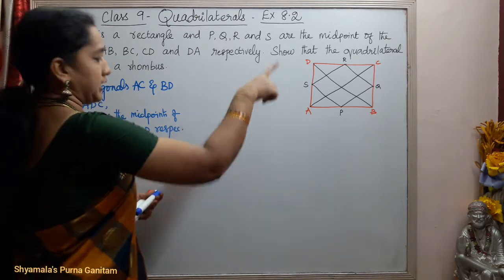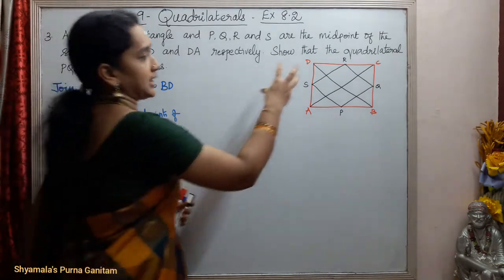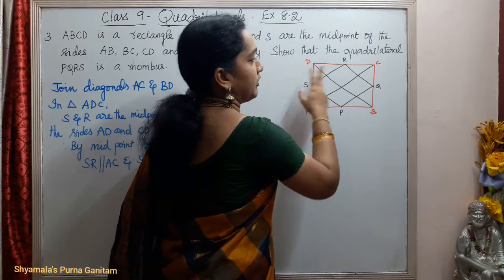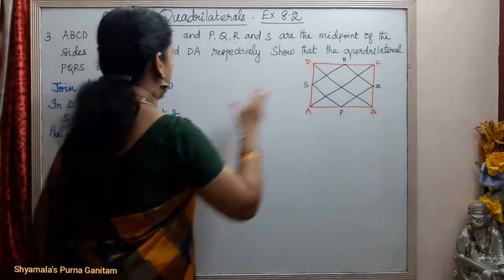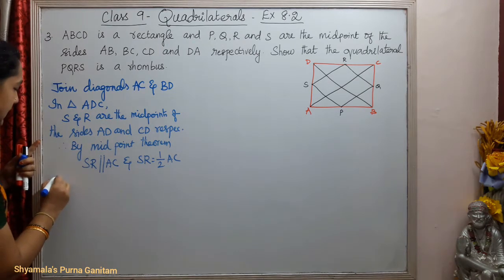So this is one side of the rectangle that we have taken. When we join the diagonal, we will get two triangles. One triangle we have proved, now we will take the other triangle.